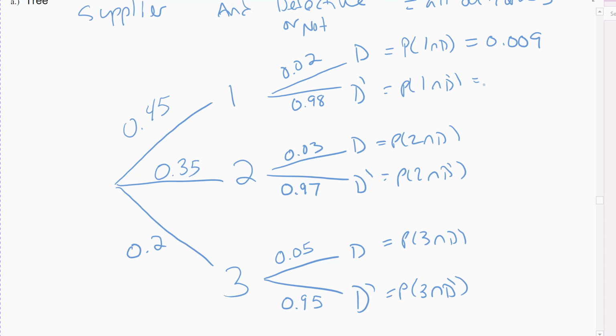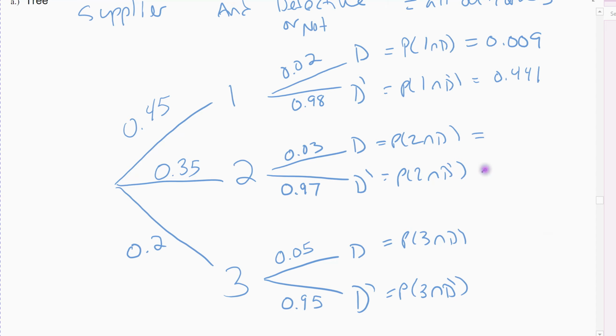Probability the first guy gives you a good tire, not defective? Well, it'll be 0.45 times 0.98, which is 0.441. That's 45% of the tires. If you add those up, it adds up to 0.45. It's all of the first guy's tires. 44.1% are okay. 0.9% are bad.